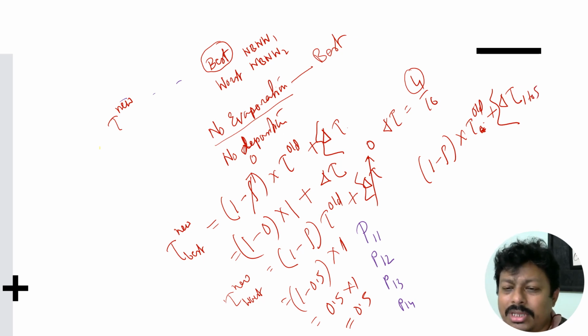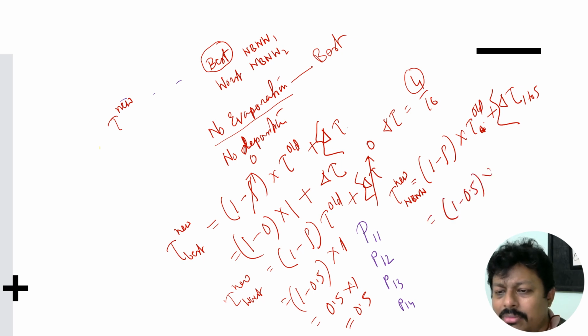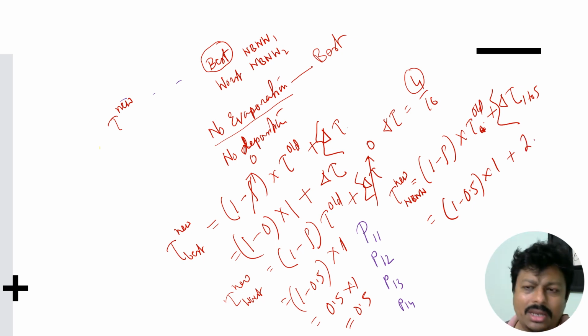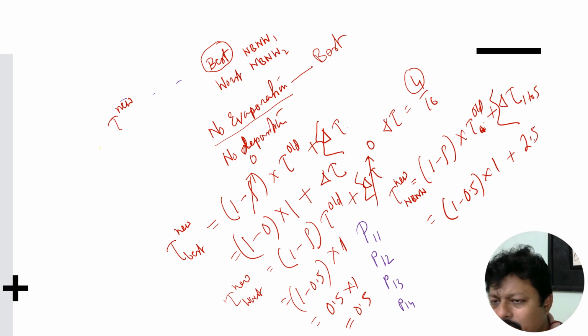So 1 minus rho, this is for new tau when it is neither best nor worst. So this will be 1 minus 0.5 multiplied by 1 plus, I think, in our case 2, correct? So for all cases the delta will be 0.5 for all the 5 ants. So sorry, not 2 but 2.5. So this you can calculate.